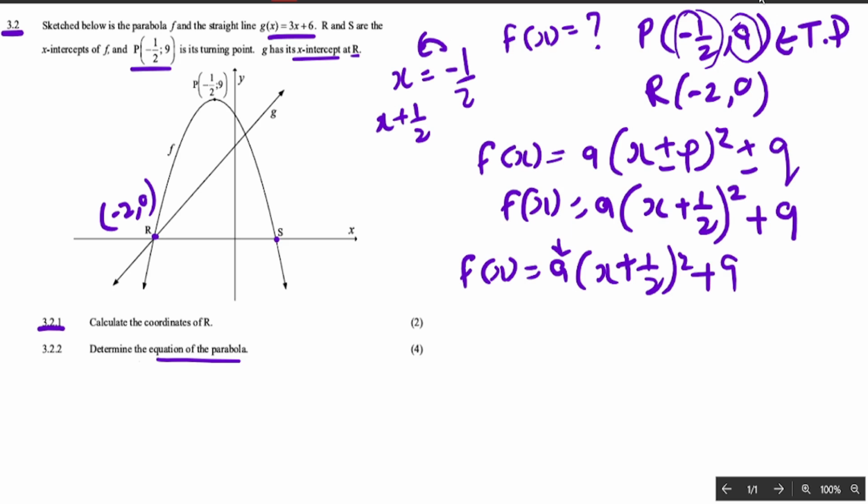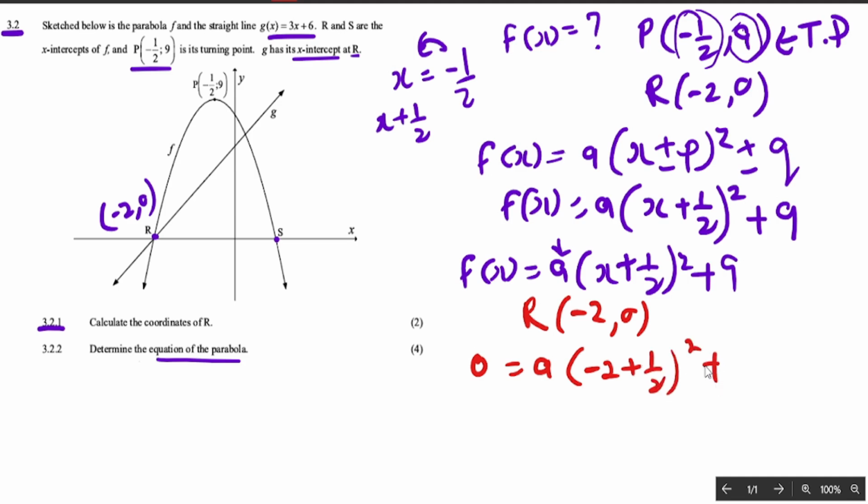So you can use your point R, which is minus 2 and 0. And then you put 0 here, equals a into minus 2 plus 1 over 2 to the power 2 plus 9. And 0 is equal to a into, so you're just going to punch through your calculator, minus 2 plus 1 over 2.